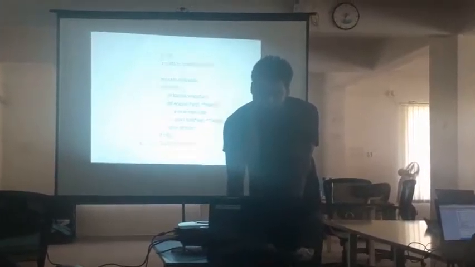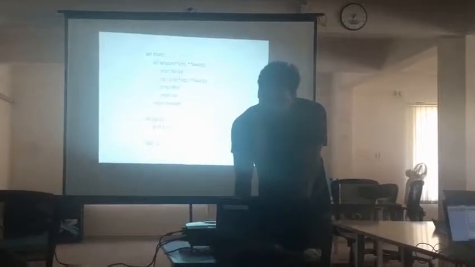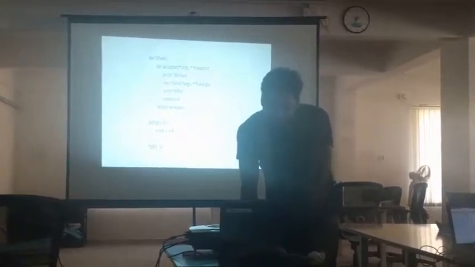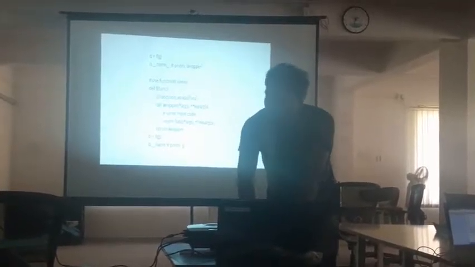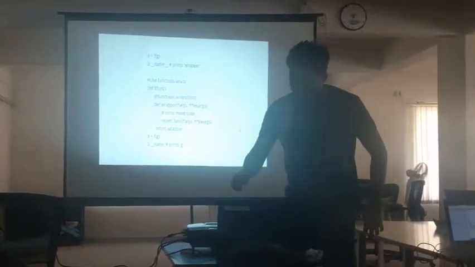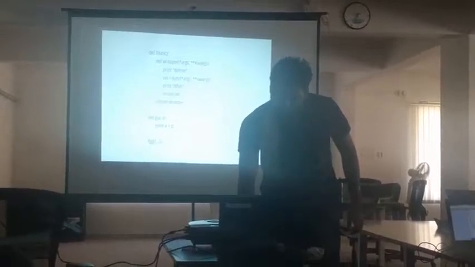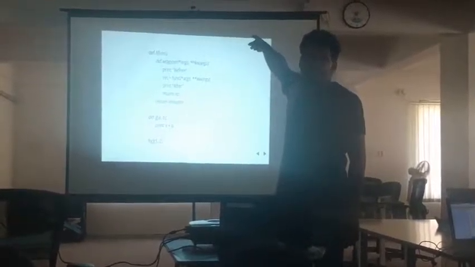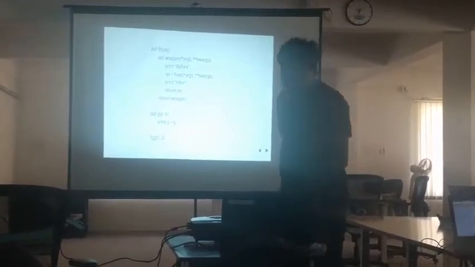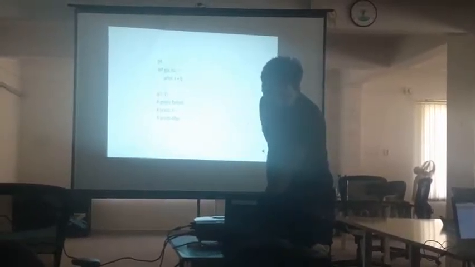Should be G. I mean, we want it to be G, the function that is getting passed, because that is what we are going to return, right? But what actually gets printed is wrapper. Why? Because this is the function that is going to get run, right? Wrapper. That's what is getting run.